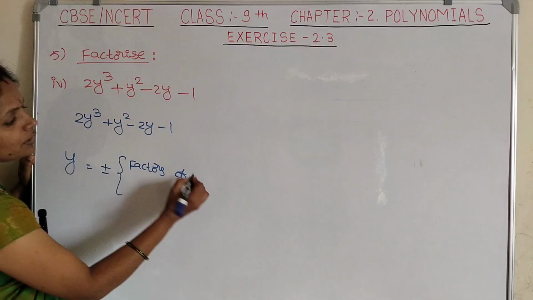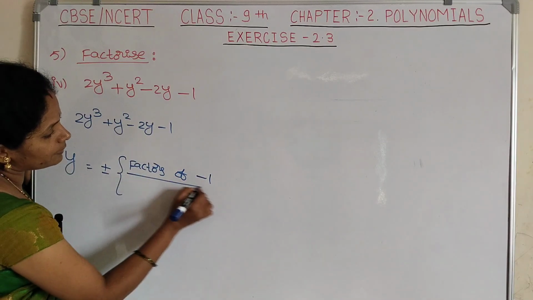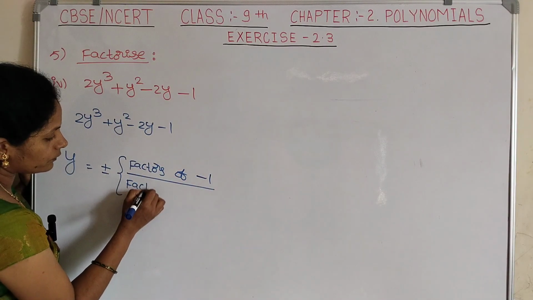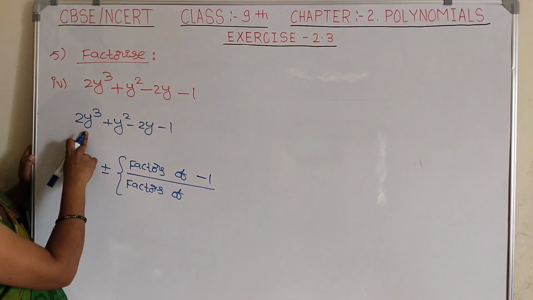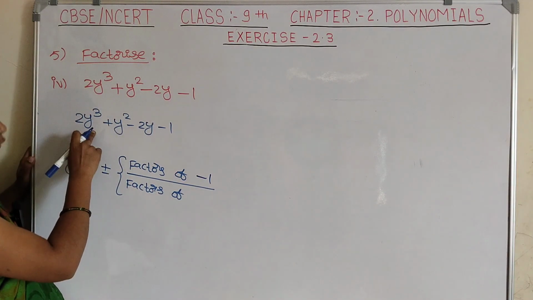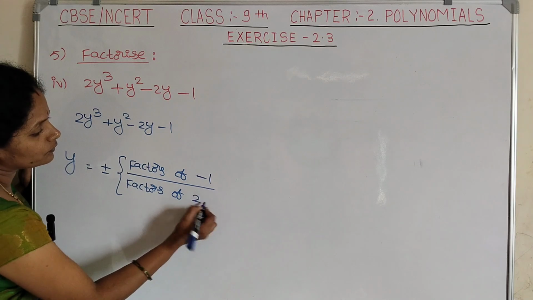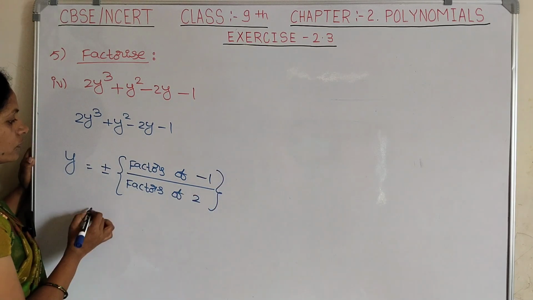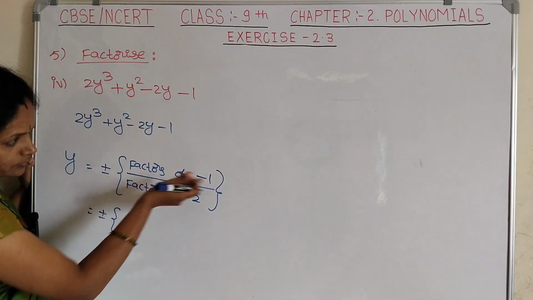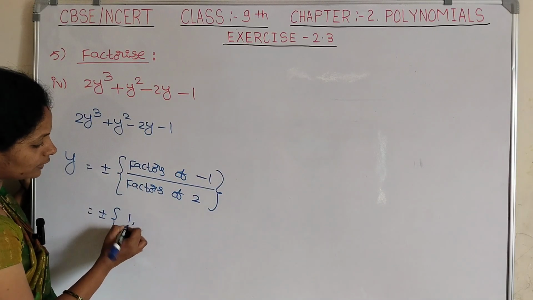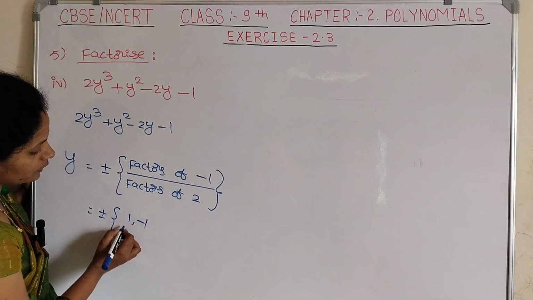what is the constant here? Minus 1 divided by factors of y cube coefficient, which is the 2, plus or minus. The factors of 1 are 1, minus 1.